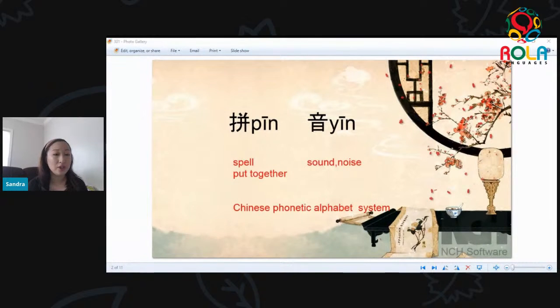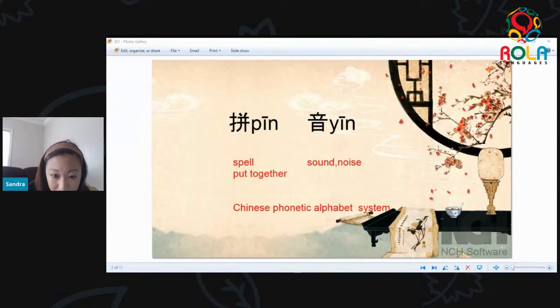Like if we say we play with Lego blocks, we would say pin le gao. Le gao, as you may have guessed, is the Chinese way of saying Legos. The pronunciation is pretty similar, right? So pin le gao, put together Lego blocks. Yin means sound or noise. So the Pinyin system is the Chinese phonetic alphabet system.